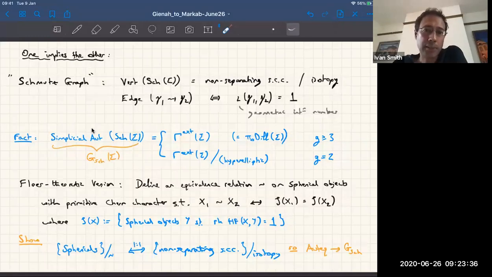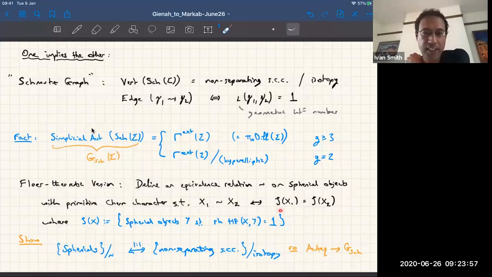Okay, so let's think about the following equivalence relation on spherical objects with primitive Chern character. I'll say that X1 is equivalent to X2 if the sets S(X1) and S(X2) coincide.